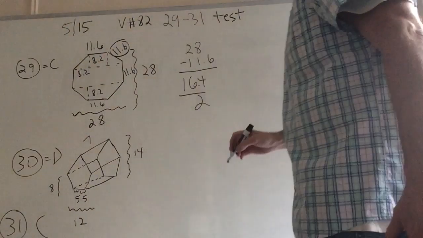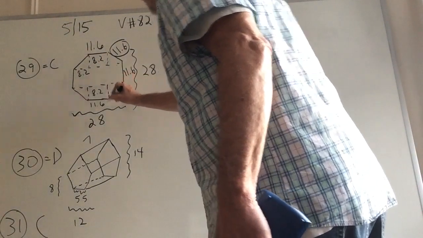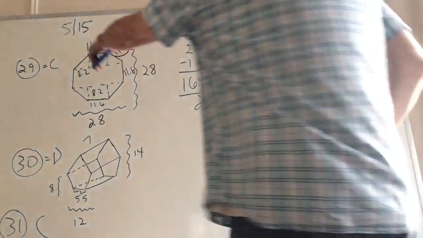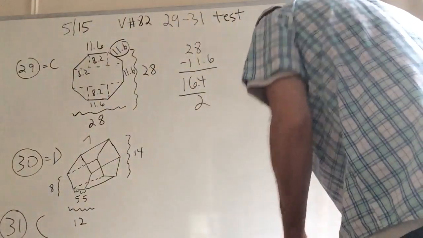Since everybody's congruent, everybody's symmetric, I can figure out one side, and I know all the sides.